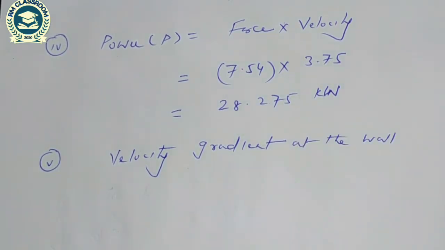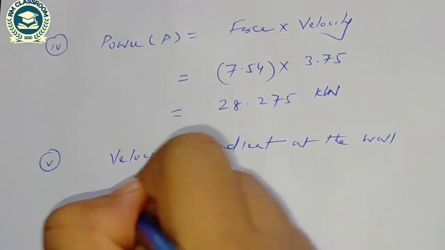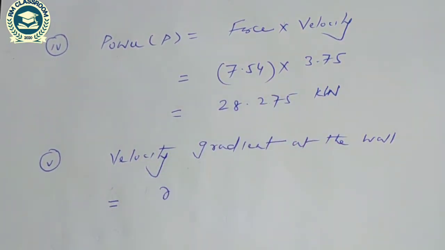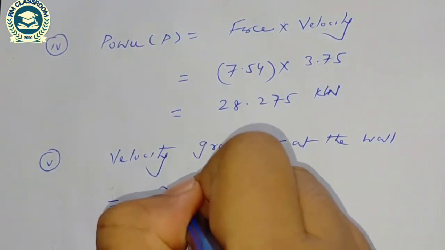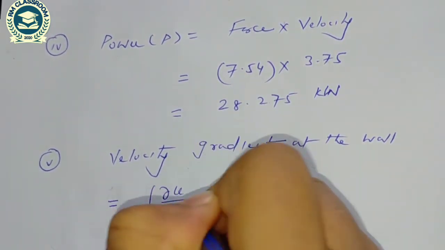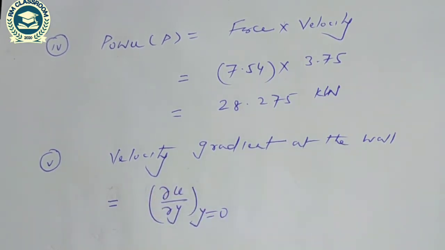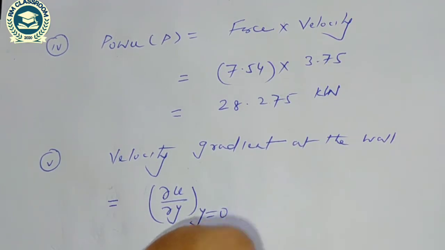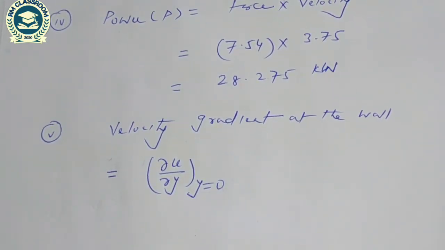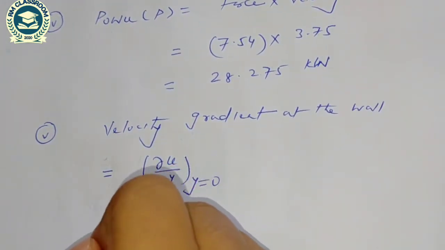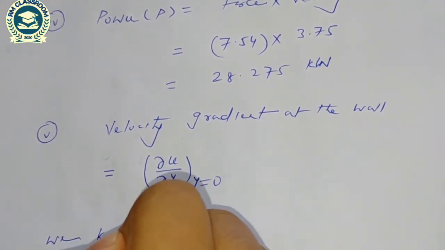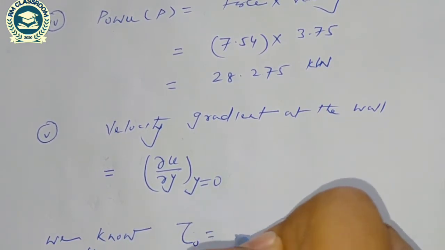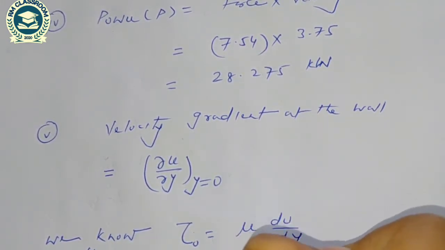So velocity gradient is equal to del V by del Y at y is equal to 0, and that can be written as, we know that tau naught is equal to mu du by dy.